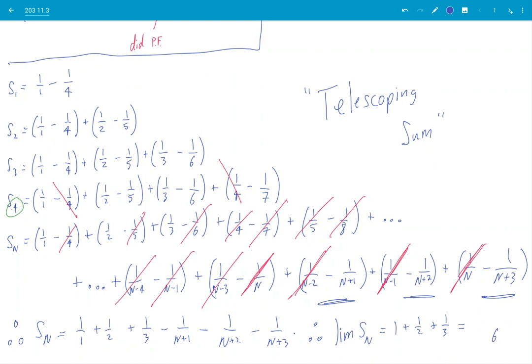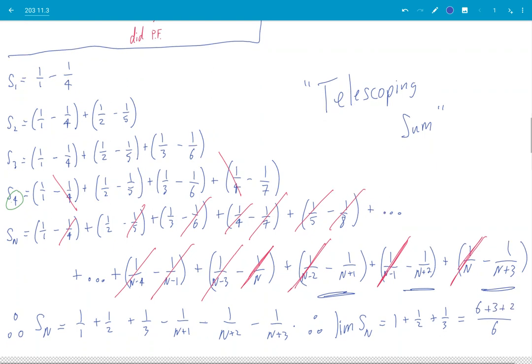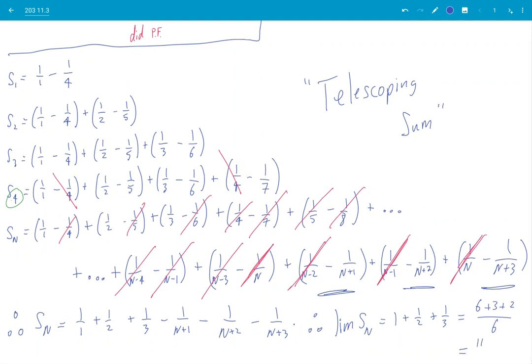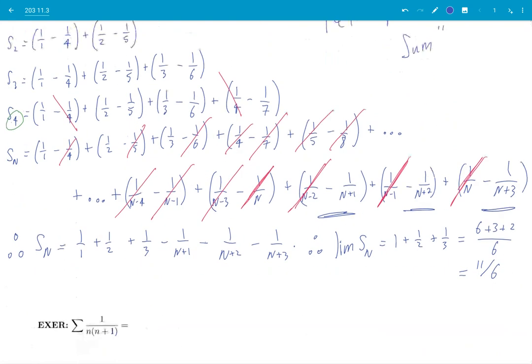It's going to be 6, and I get 6 plus 3 plus 2, and that is the 11 over 6 that I was expecting. Okay, pause and copy that. And now I have an exercise for you to try. So try this exercise, and when I come back, I will give you the answer.